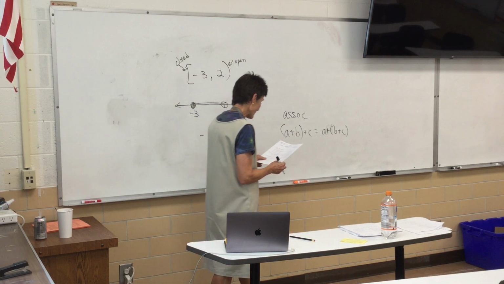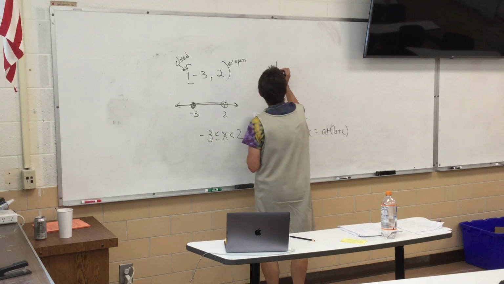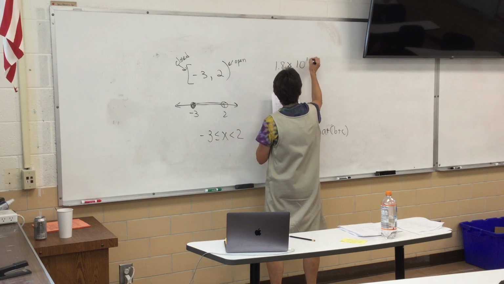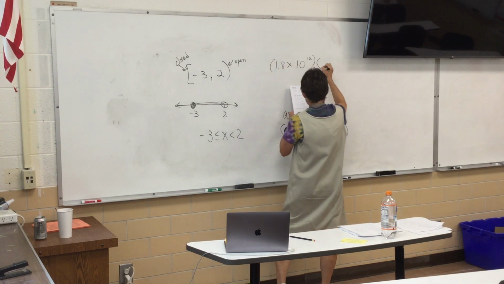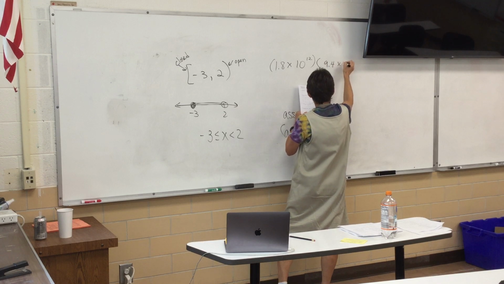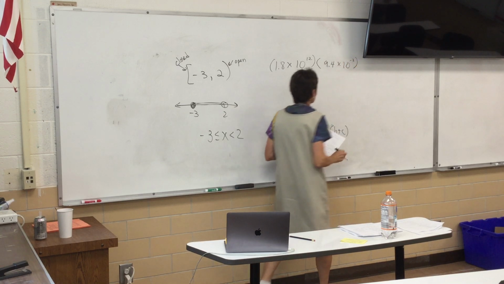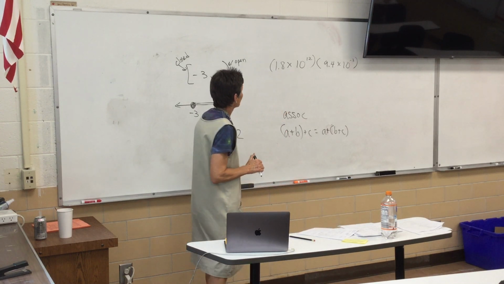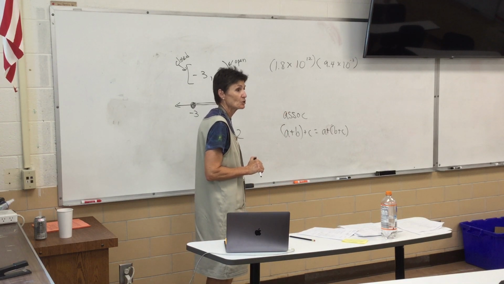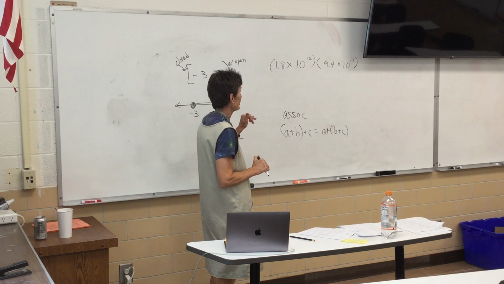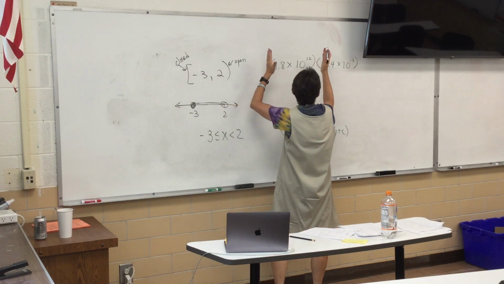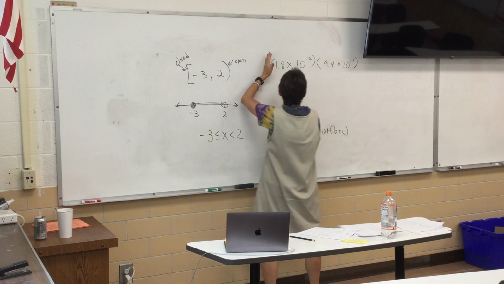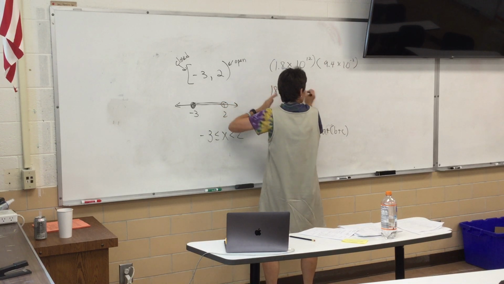Simplify and write in scientific notation. Is the scientific notation with the times 10? Yep, that's scientific notation. So scientific notation is when you write a number like this instead of writing it like this.